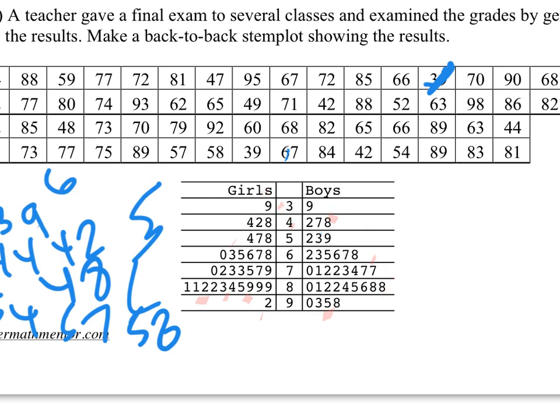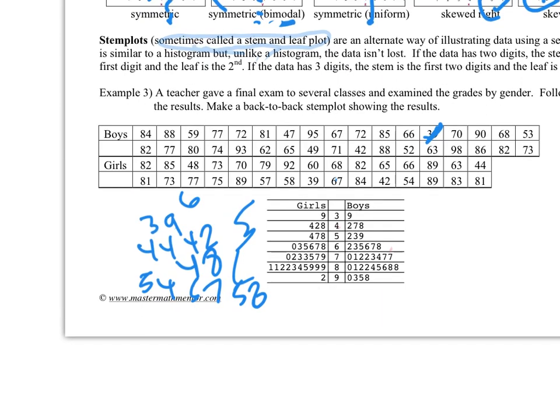How would I find the median of the boys' grades? Somebody real quick. Do I know how many there were? Did he tell us in the reading? Can you count them? Yeah, 1, 2, 3, up to 17.